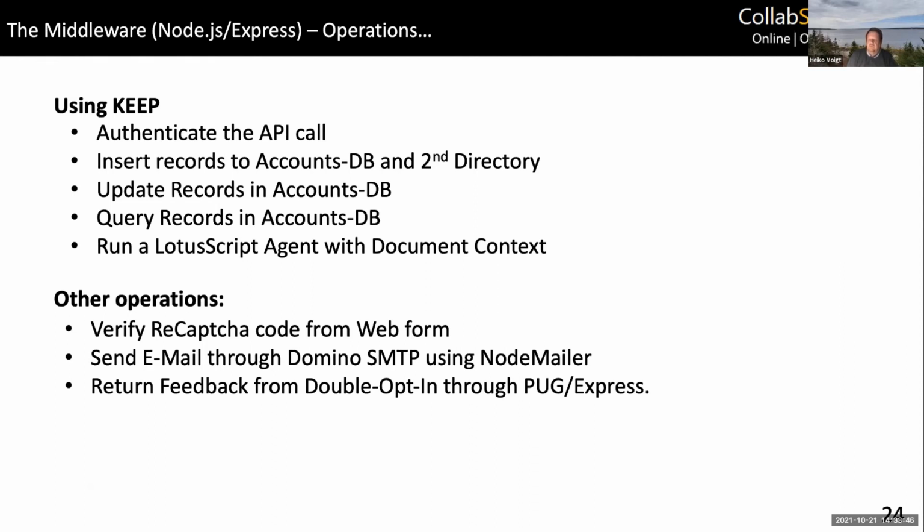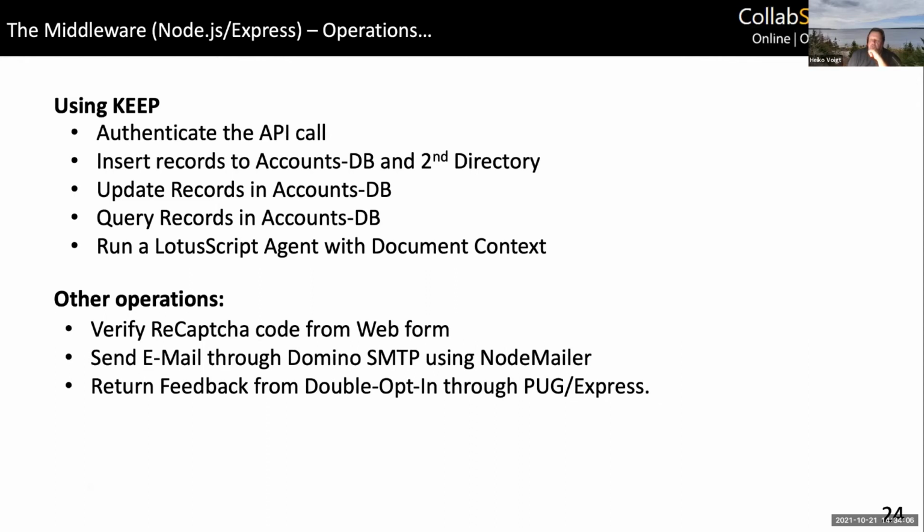But as good practice, you wouldn't go unauthenticated in any way. So in this specific case, we authenticate against Domino through an auth endpoint using Keep. We get back a JWT token that we use in later calls as well.